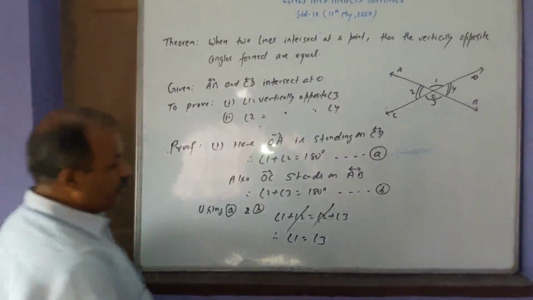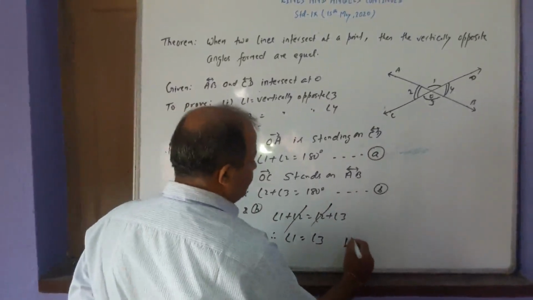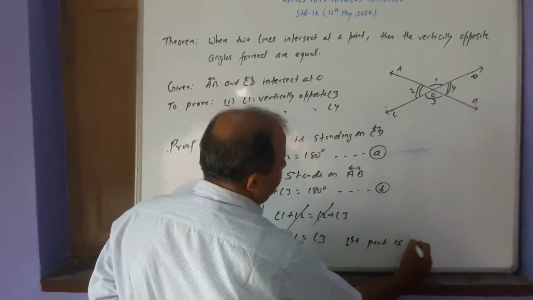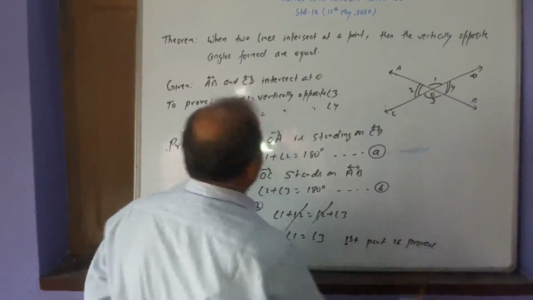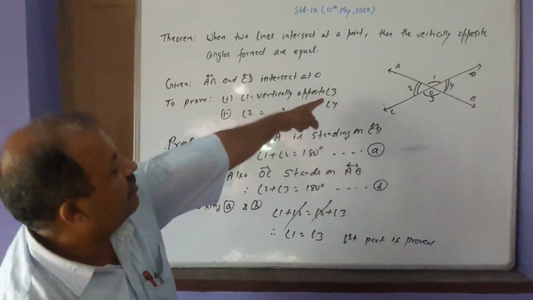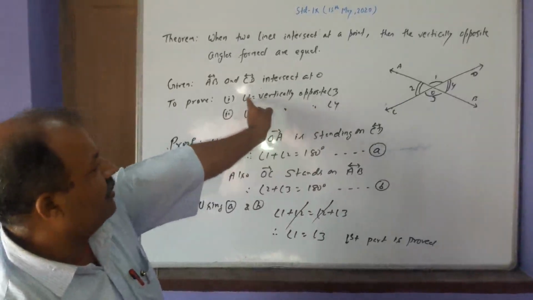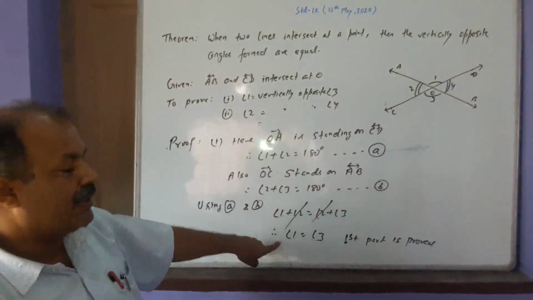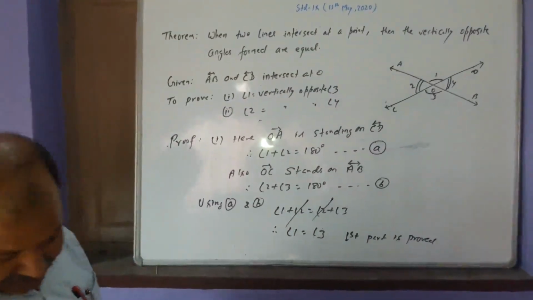First part is proved. That is, angle 1 is equal to vertically opposite angle 3.